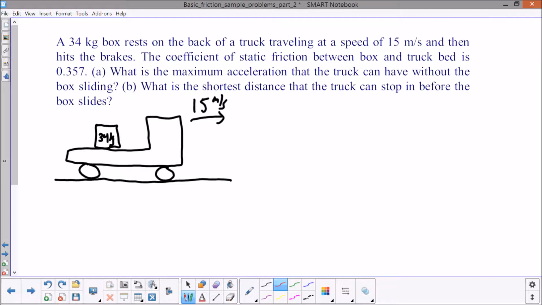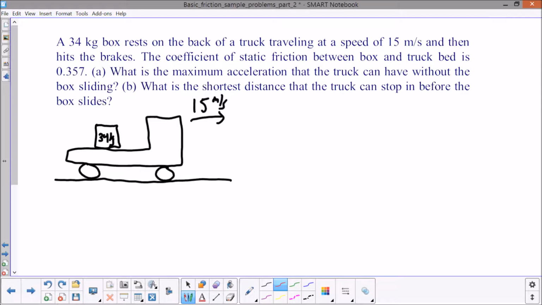And we're going to figure out the maximum acceleration that the truck can have without the box sliding. And if the truck comes to rest very gradually, we can see that friction would be enough to keep the box from sliding. But if the truck tries to stop very abruptly, then the friction will not be big enough and the box will slide forward.